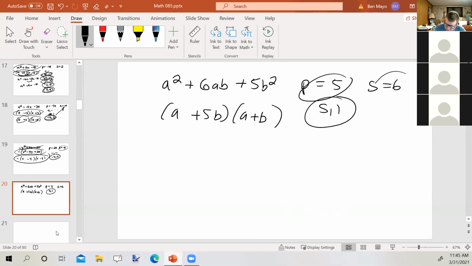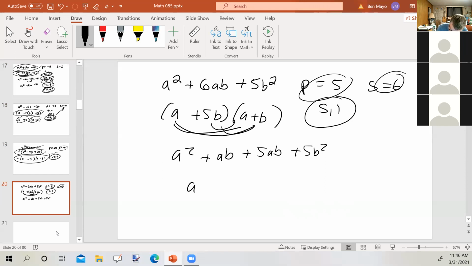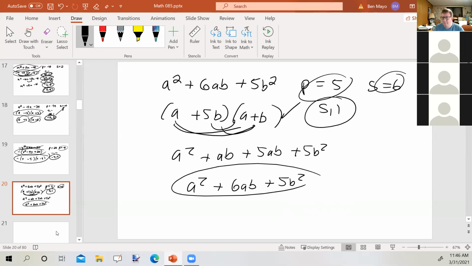So I'm still dealing with the coefficients, but I've got to have an a in the front and a b at the end. That would give me a squared plus 1ab plus 5ab plus 5b squared, which is a squared plus 6ab plus 5b squared, and it checks. Okay.